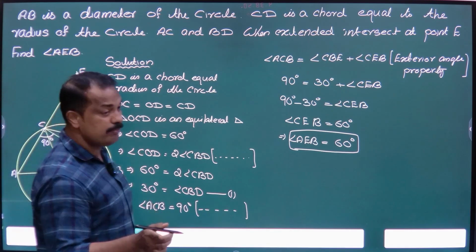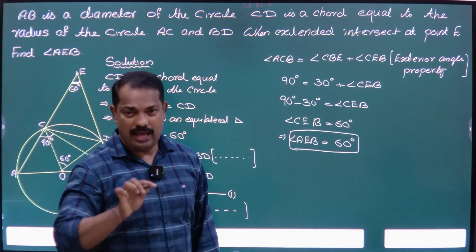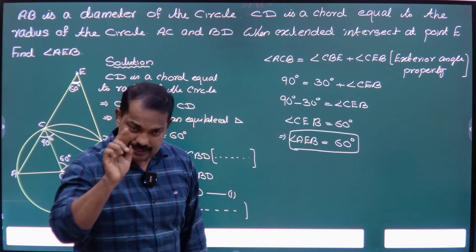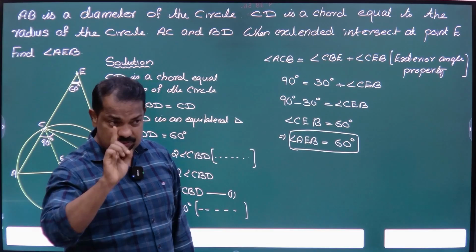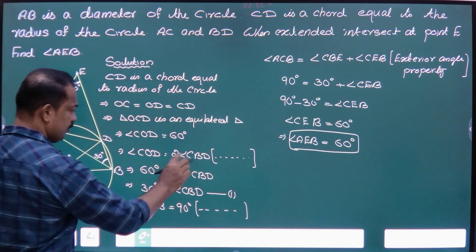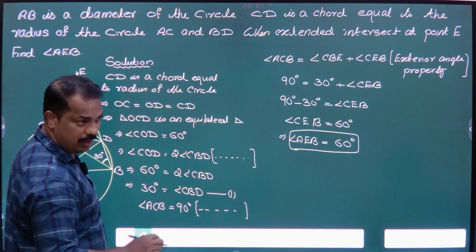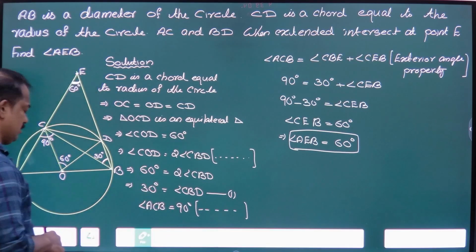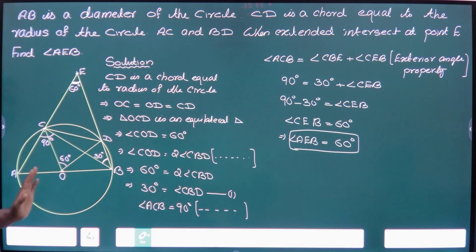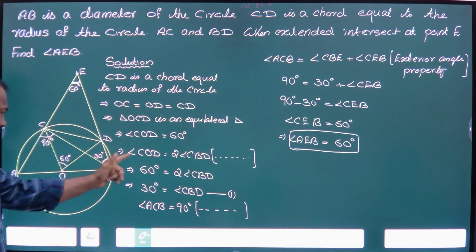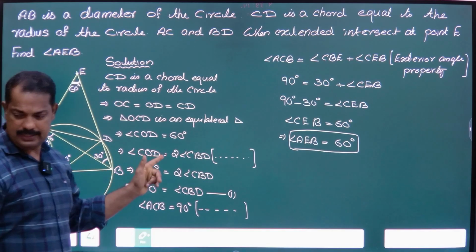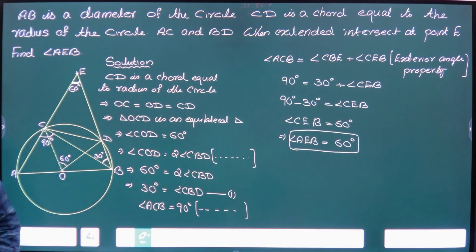Angle subtended by an arc at the center is double the angle subtended by the same arc at any point outside the arc. Steps clear? AOB, replace this AOB by COD.